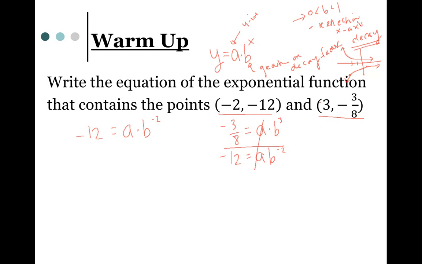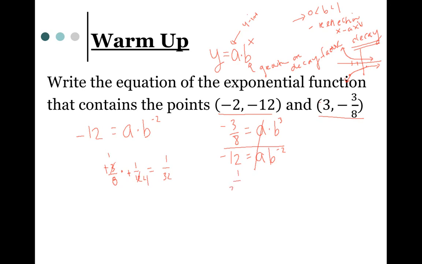So the a's will cancel. So if I've got -3/8 divided by -12, that's like multiplying by -1/12, right? Multiply by the reciprocal. So what does this do? Well, it's not going to be negative anymore. This becomes a 1 and this becomes a 4, right? 3/12 is 1/4, so I end up with 1/32.